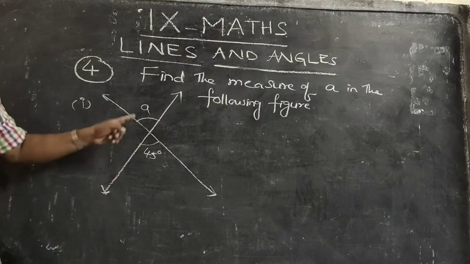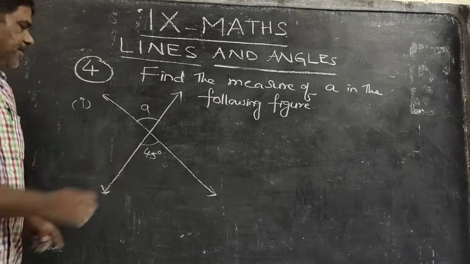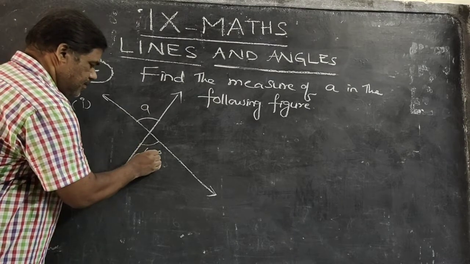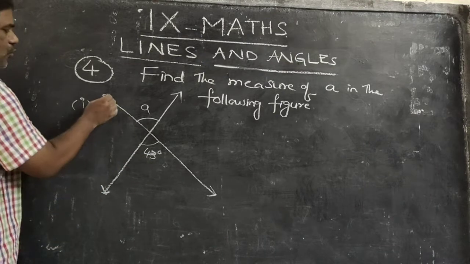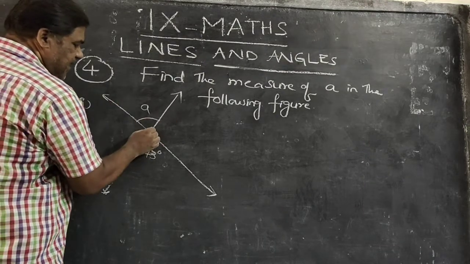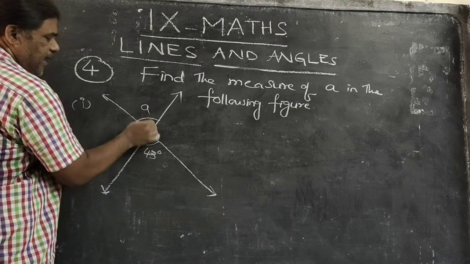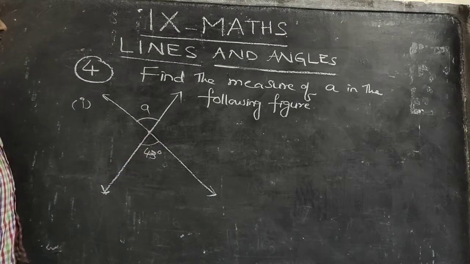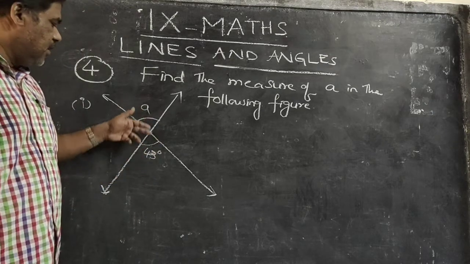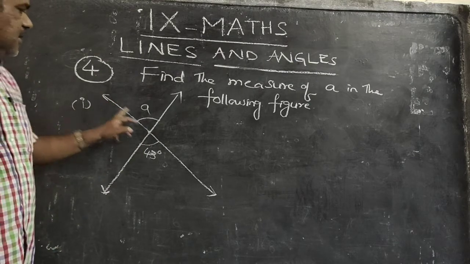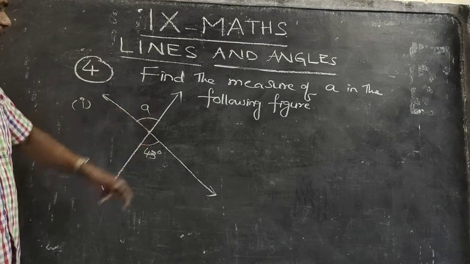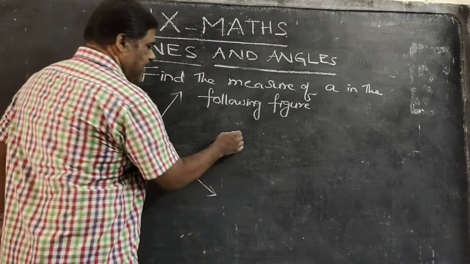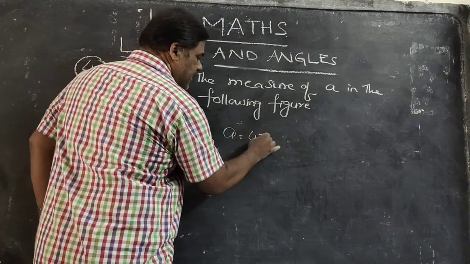So here we have to find the value of A. This is A and this angle is 43 degrees. If two lines intersect at a point, then these two angles are called vertically opposite angles. If two lines intersect, vertically opposite angles are equal. Therefore we can write A value is 43 degrees.